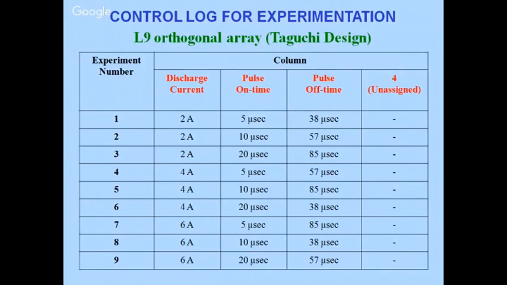Once again I repeat, suppose I conduct the 6th experiment, I will take the values 4 ampere current, 20 microsecond pulse on time and 38 microsecond pulse off time. All the values are known to me. I will conduct the experiment. Is it clear? I think we need to go a little bit faster.